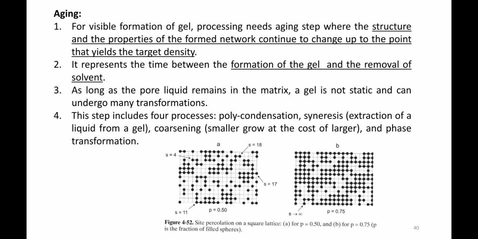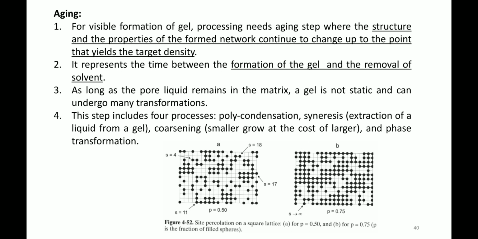This step includes four processes. The first is polycondensation. Second is syneresis, that is extraction of liquid from a gel. Third is coarsening, where smaller particles grow at the cost of larger ones. And the last is phase transformation.